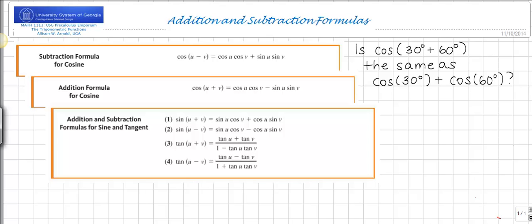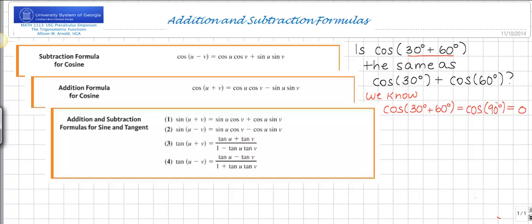I've selected the cosine of 30 degrees plus 60 degrees. Alright, so we know how to do this because we know that 30 and 60 add to 90 degrees, and we know that the cosine of 90 degrees is 0.